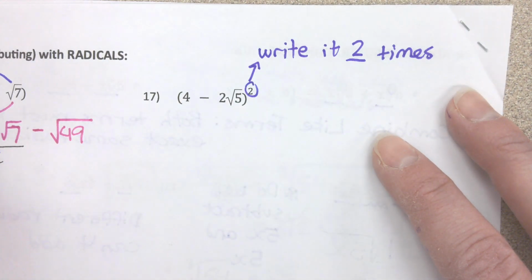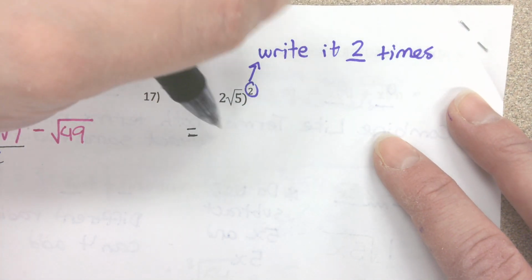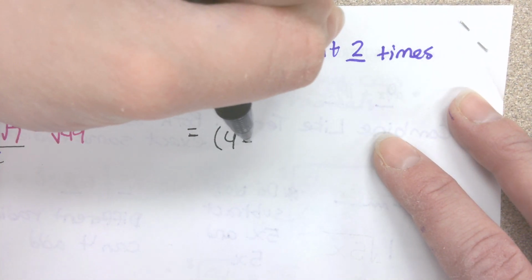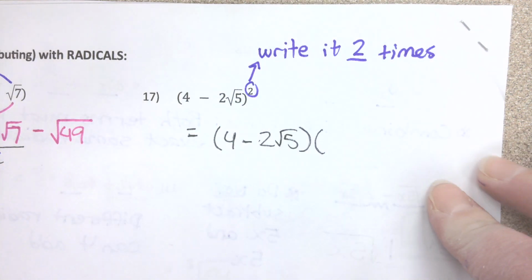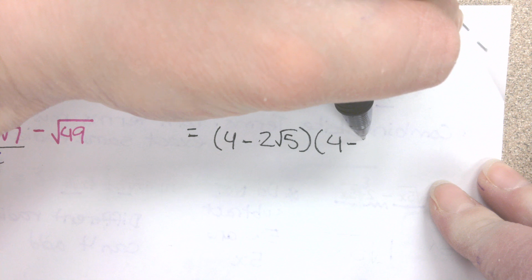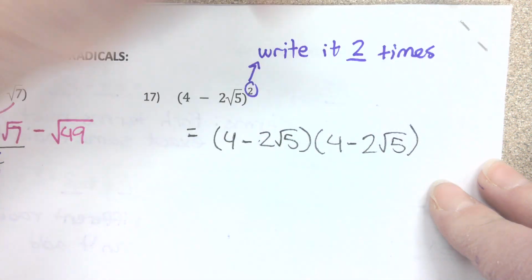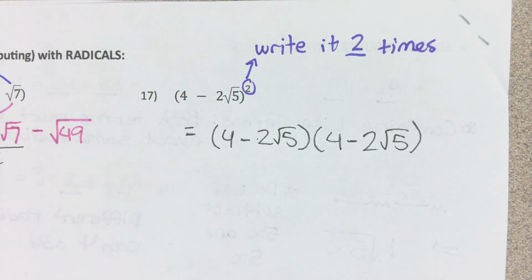So I'm going to do that. We have 4 minus 2 square root 5. And again, 4 minus 2 square root 5. This makes sure that you set up a FOIL problem, a double distribute problem.